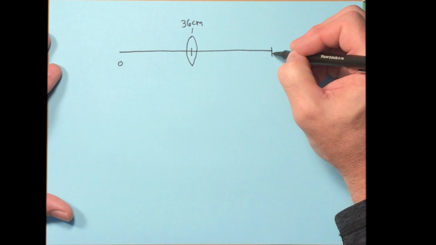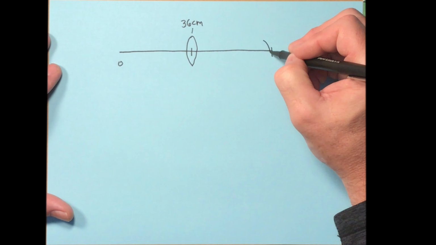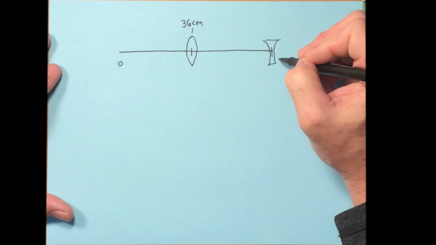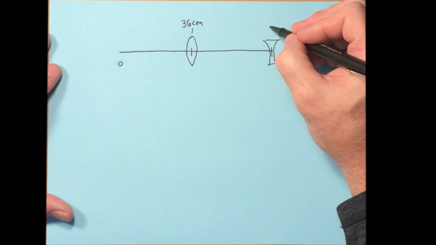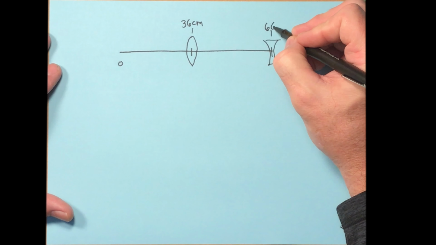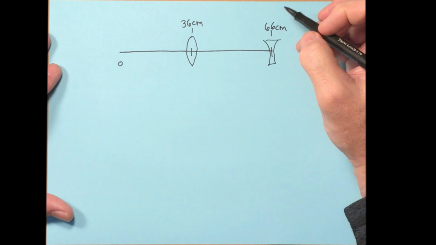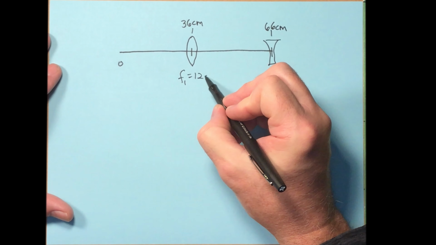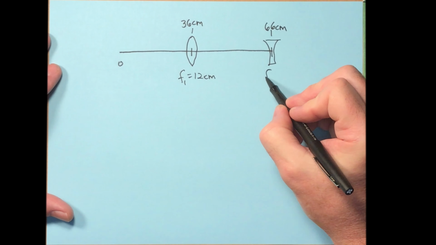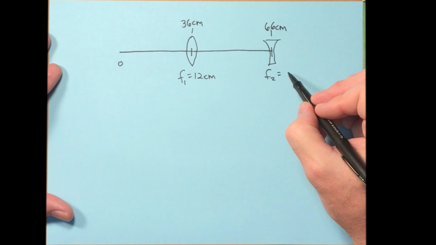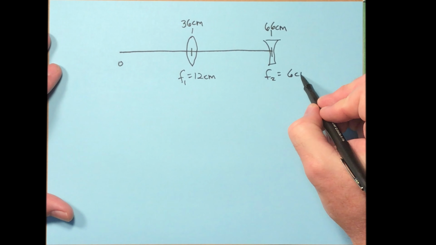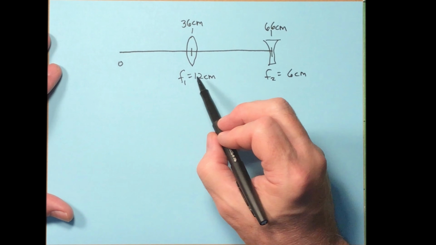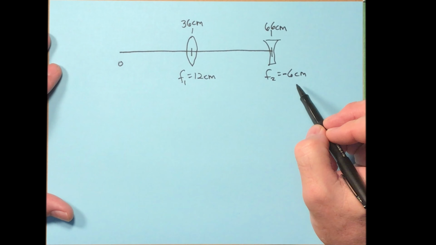And then down here, we're going to locate a diverging lens. Kind of poorly drawn, but that is at 66 centimeters. Okay, the focal length of this guy is 12 centimeters, and the focal length of the second lens is 6 centimeters. This one needs to be positive, but this one needs to be negative.